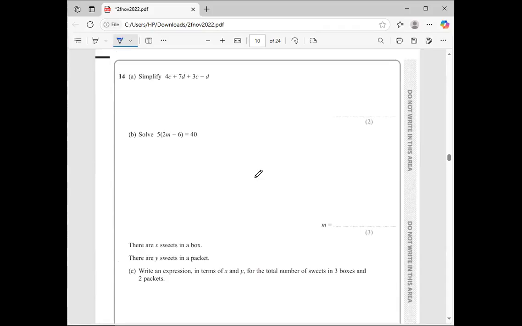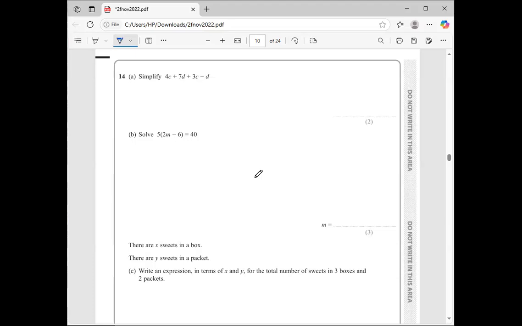Okay. So it says simplify 4c plus 7d plus 3c minus d. What are you going to do there? What are you going to do for that question, number 14a? Collect the like terms. Thank you very much.